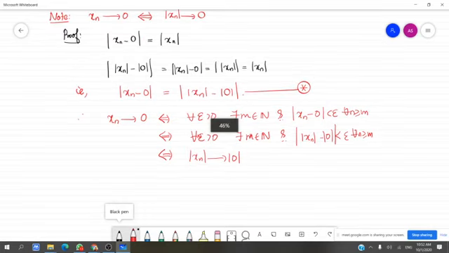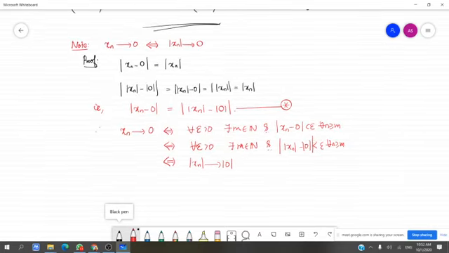So when the limit is 0, എന്താ പറയുക രണ്ട് സൈഡിലേക്കും അത് ഇംപ്ലിക്കേഷൻ ട്രൂ ആണ്.